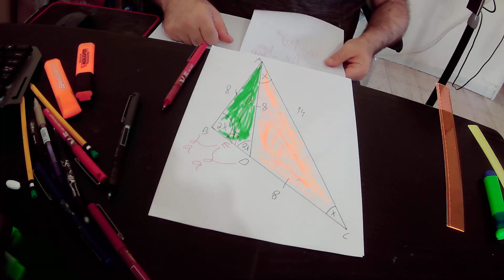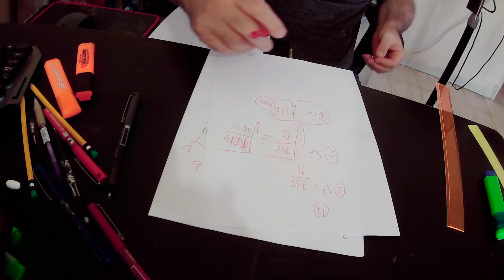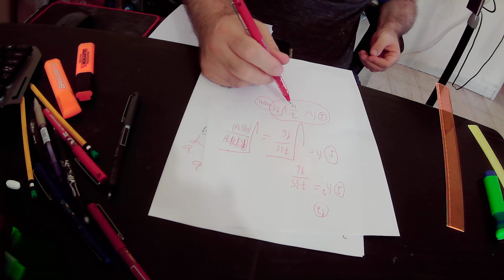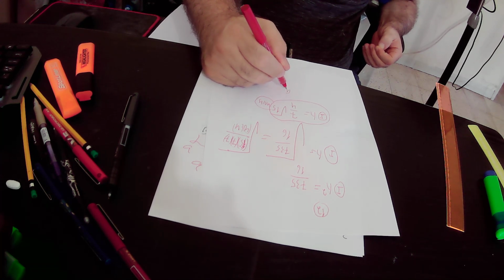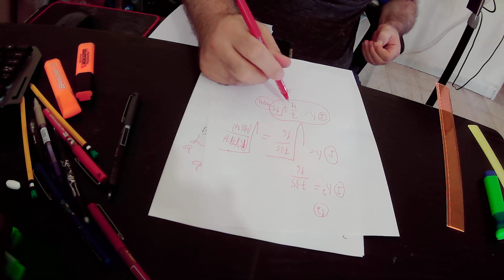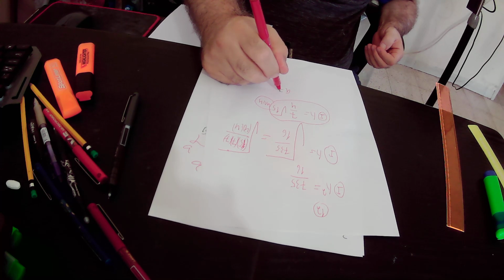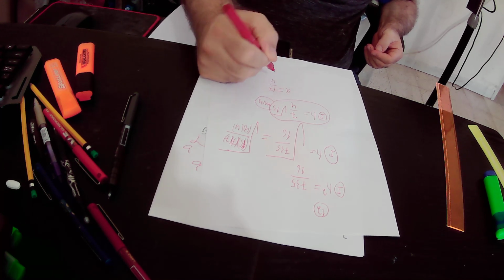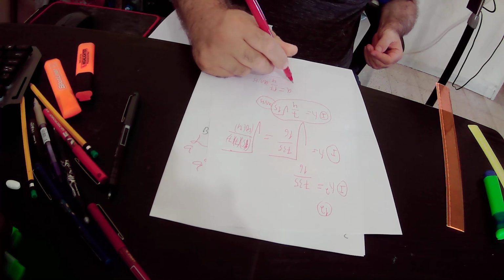Okay, so we found that the height of triangle ABC is 7/4 times root 15 units, and we have already found out that a equals 17/4 units.